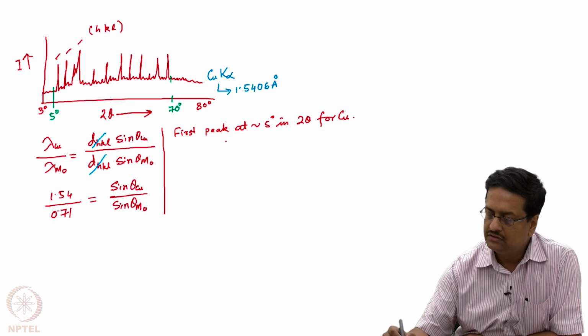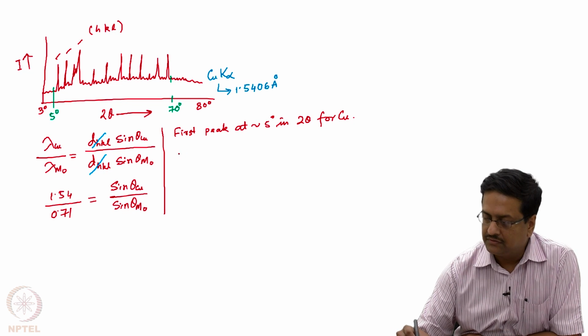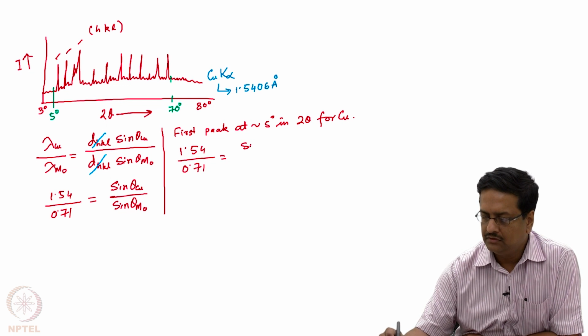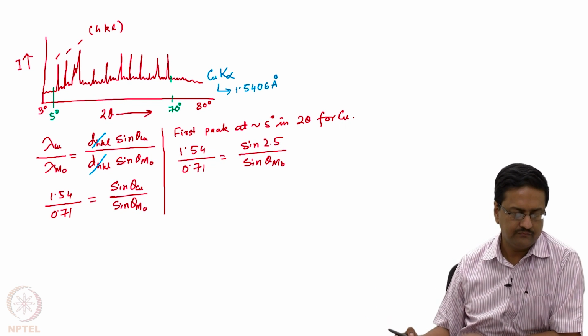So for the first peak we can write 1.54 by 0.71 equal to sine 2.5 divided by sine theta molybdenum.